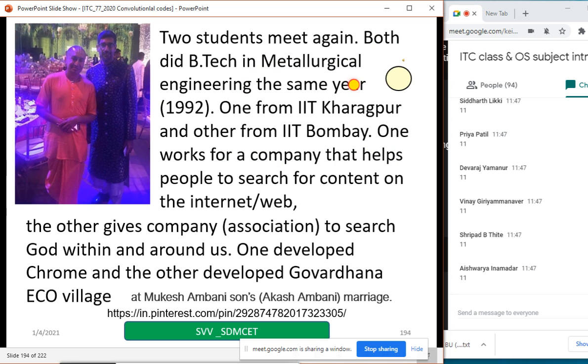The same year they passed, one from IIT Kharagpur and another from IIT Bombay. I want you people to read these two lines. One works for the company that helps people to search for content on the internet or web. The other gives a company association or to search God within and around us. One developed Chrome and the other developed Govardhana Eco-Village.